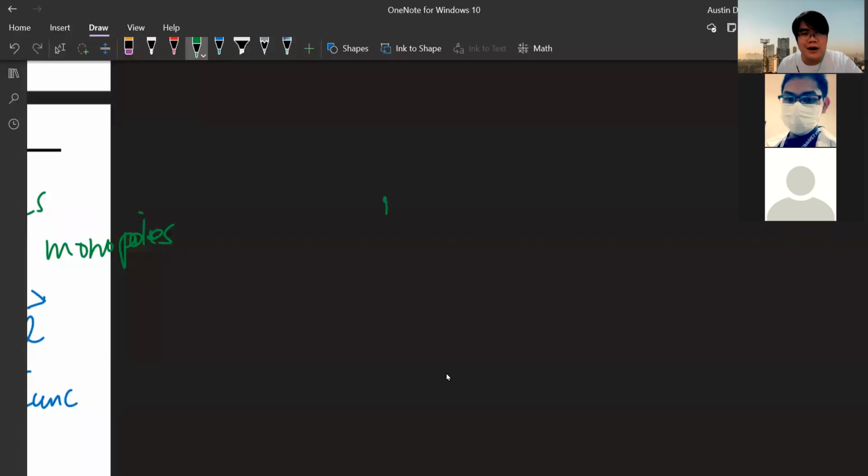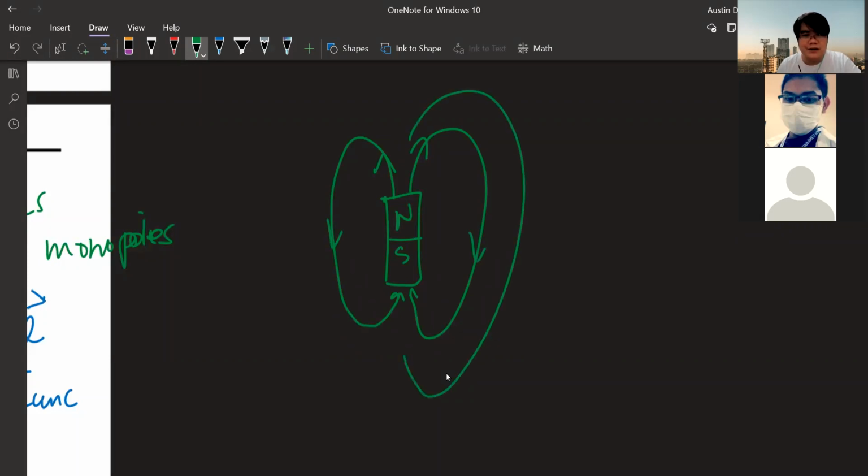So kung maalala niyo yung magnets niyo, di ba alam natin yung field nito? Parang sa mga science experiment natin nung kids tayo, pag nilagay mo yung iron filings, makikita mo that the magnetic field lines go like this.